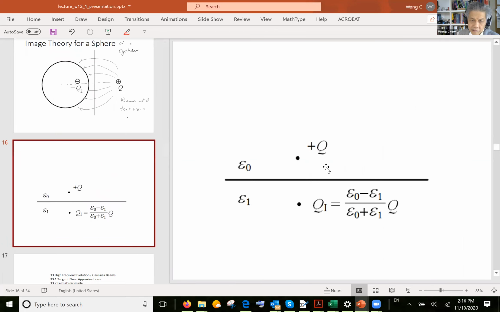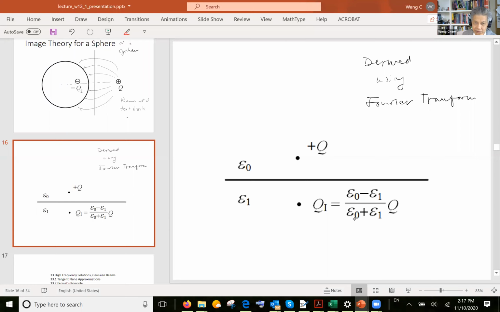Similarly, if you have a charge, Q, a positive charge, placed on top of a dielectric interface, there is an image charge. The image charge is given by this formula. This formula can be derived using Fourier transform. Okay, I'm not going to show you the derivation because the derivation is kind of complicated.